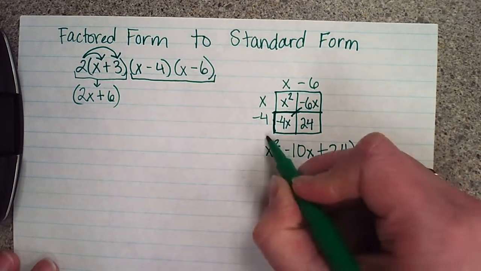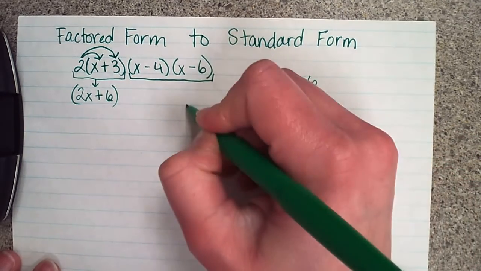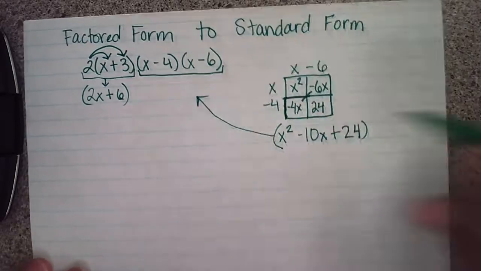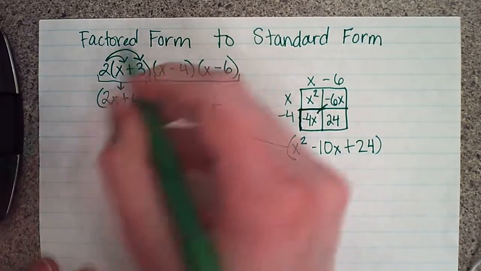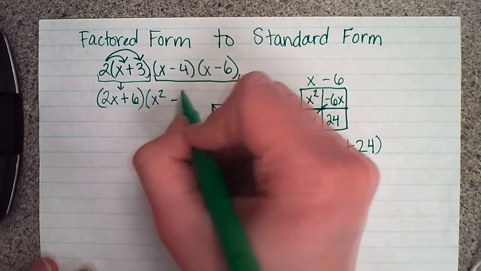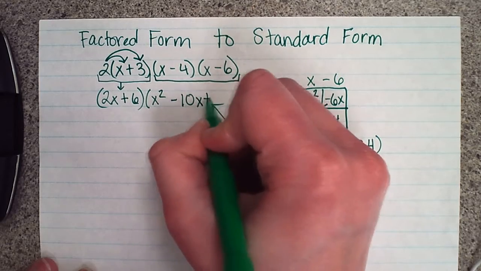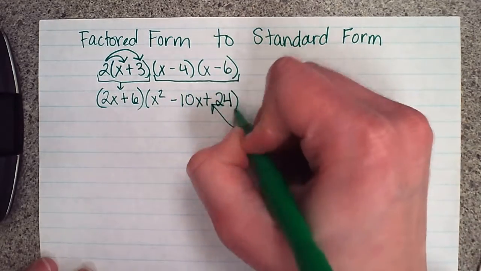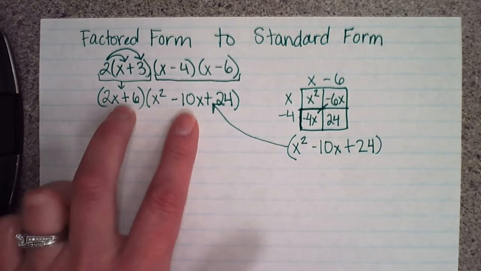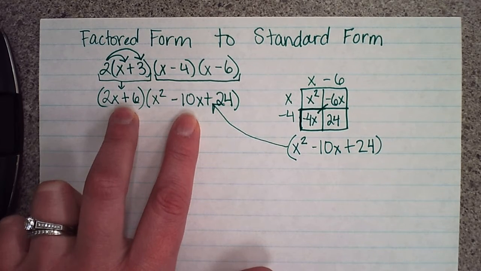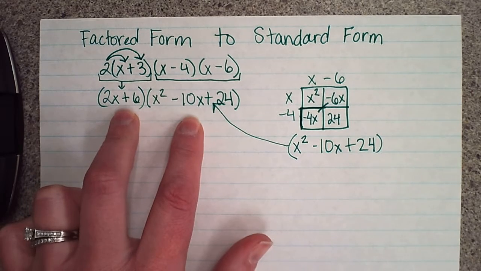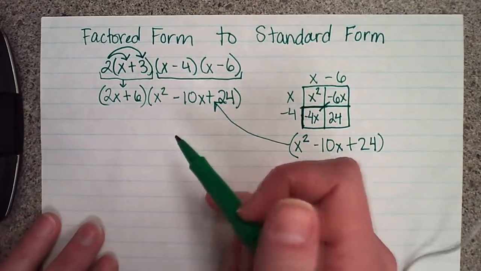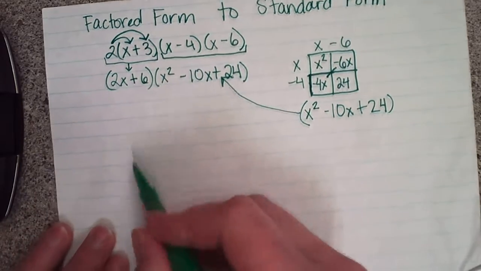Now this is going to be my new factor that's going to go here, to multiply times my first factor. Okay, so now what I'm going to do is I'm going to multiply these two factors together. So I am going to set up a second box to do this multiplication.